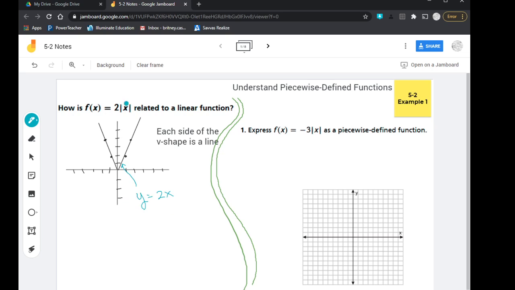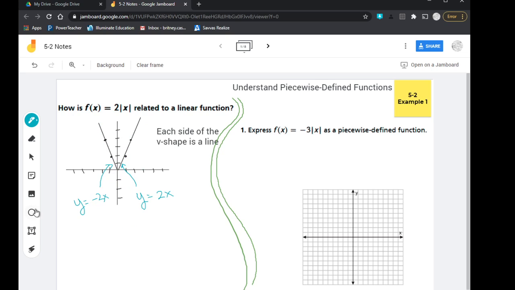So if I just drop the absolute values, I get the right hand side. Now this side is y equals negative 2x. So when we drop the absolute values, remember it creates two lines. Or I'm sorry, it creates two equations, and one is positive and one's negative. So there's the positive and there's the negative.